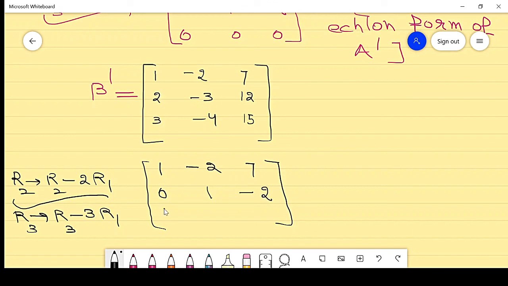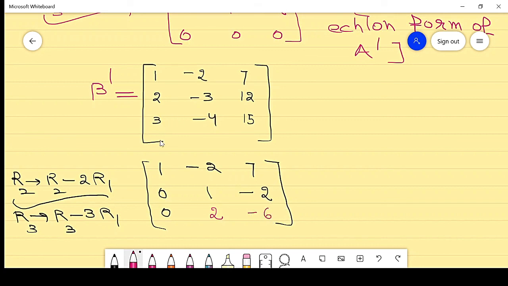Now minus 3 gives 0, and next is minus 3 plus 6, which is 2. Here minus 21 plus 15, so that is minus 6.